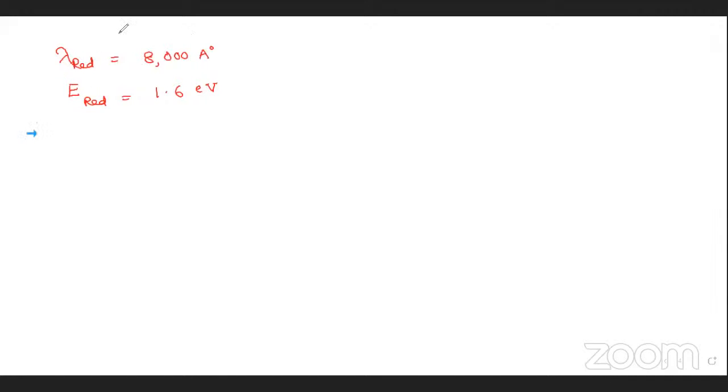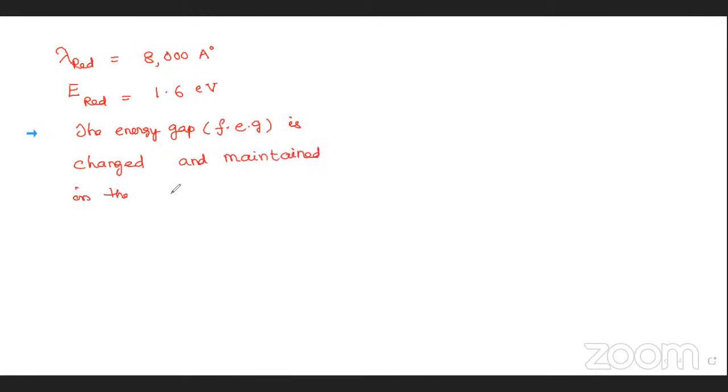Okay, that implies the energy gap, meaning FEG, forbidden energy gap, is changed and maintained in the range of 1.6 electron volts to 3.2 electron volts.